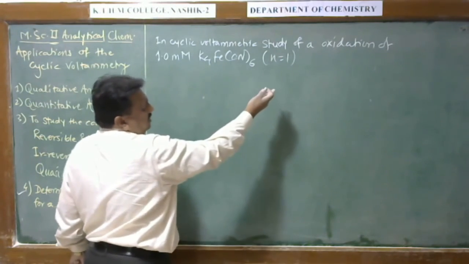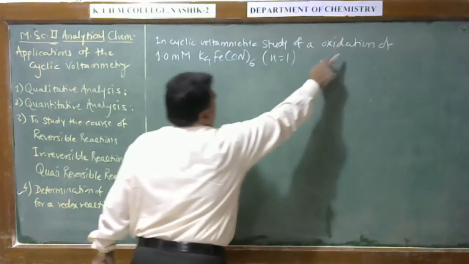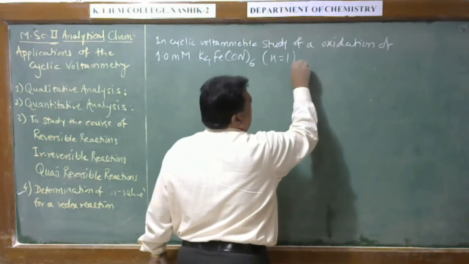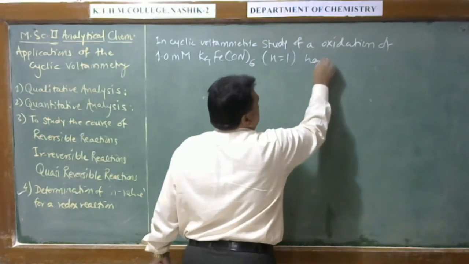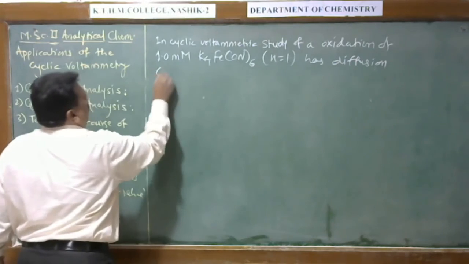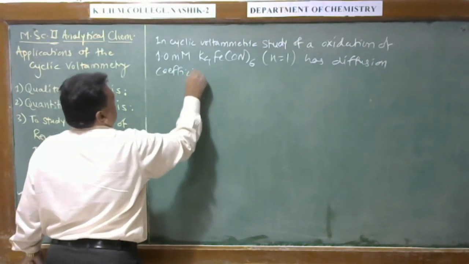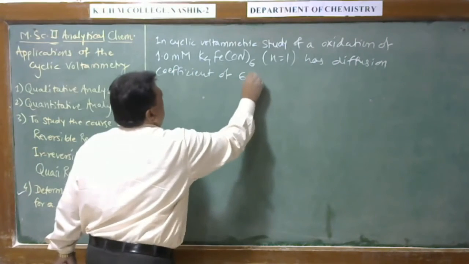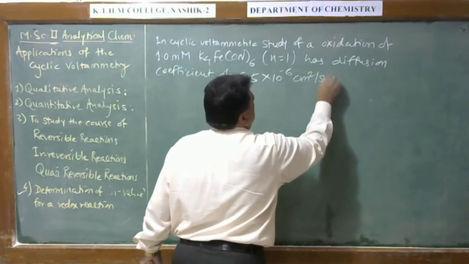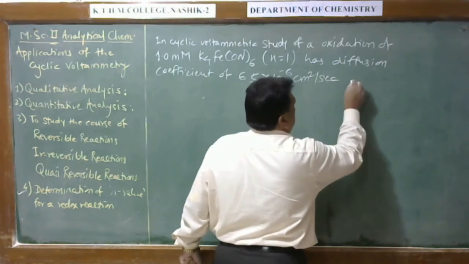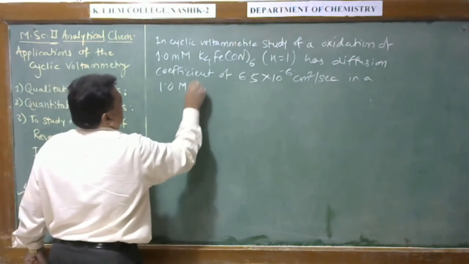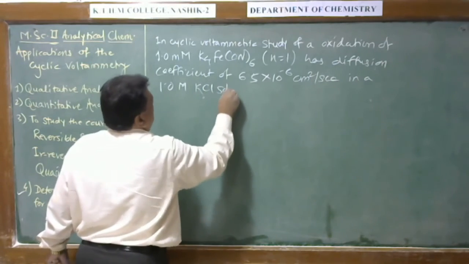It is oxidized to K3FeCl6, where number of electrons involved is 1, has diffusion coefficient of 6.5 into 10 raised to minus 6 square centimeter per second in a 1 molar KCl solution, that is a supporting electrolyte.